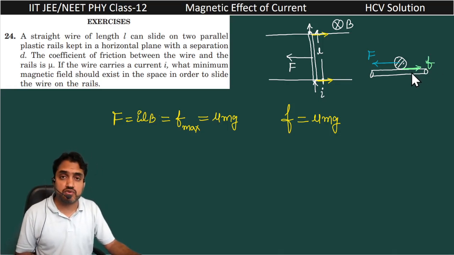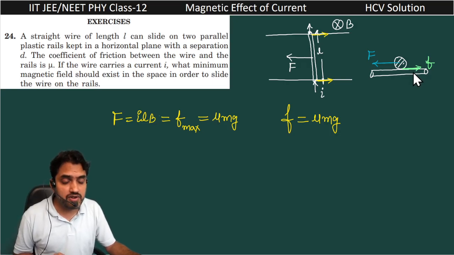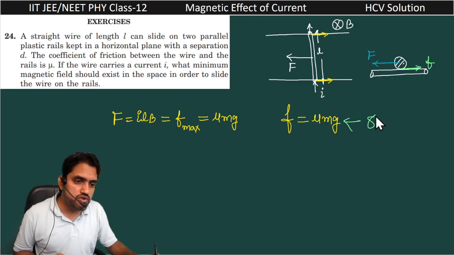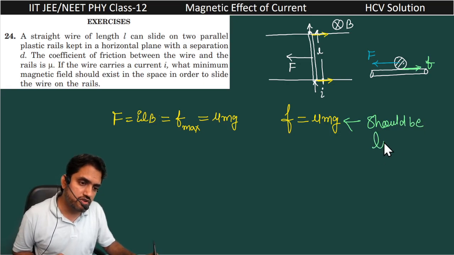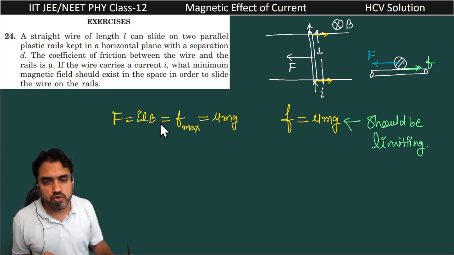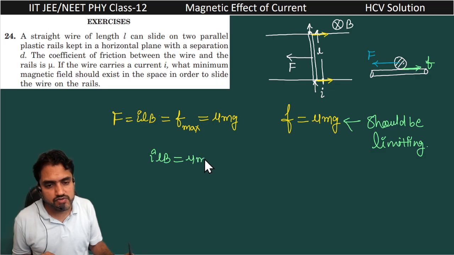To find the minimum value of magnetic field, this friction force should be the limiting friction force. So this ILB should be equal to mu mg.